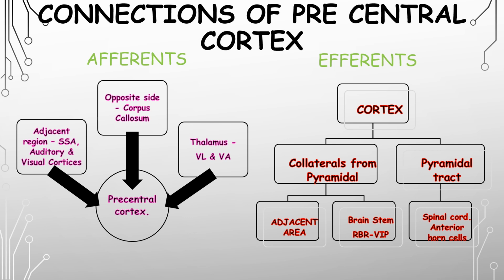About 30% of the fibers arise from the primary motor area, 30% from the premotor area and the supplemental motor area, and the remaining 40% come from the somatic sensory area of the parietal lobe. So these are the efferents and the afferents of the precentral cortex.